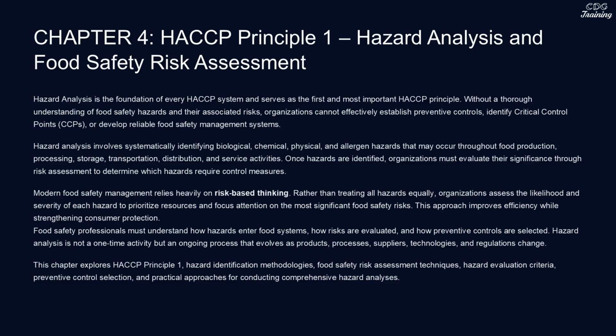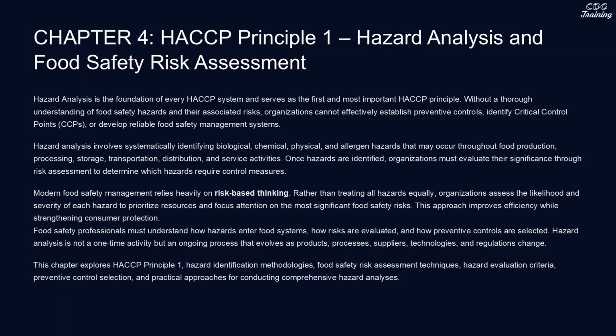Hazard analysis involves systematically identifying biological, chemical, physical, and allergenic hazards that may occur throughout food production, processing, storage, transportation, distribution, and service. Once hazards are identified, organizations must evaluate their significance through risk assessment to determine which hazards require control measures. Modern food safety management relies heavily on risk-based thinking. Rather than treating all hazards equally, organizations assess the likelihood and severity of each hazard to prioritize resources and focus attention on the most significant food safety risks. This approach improves efficiency while strengthening consumer protection.